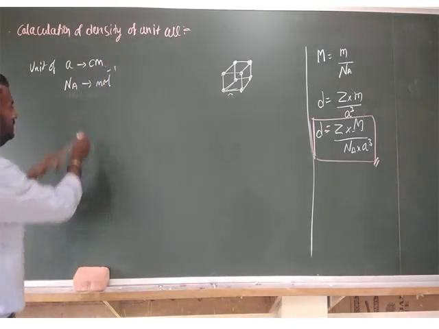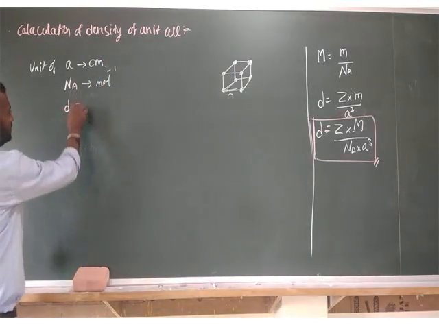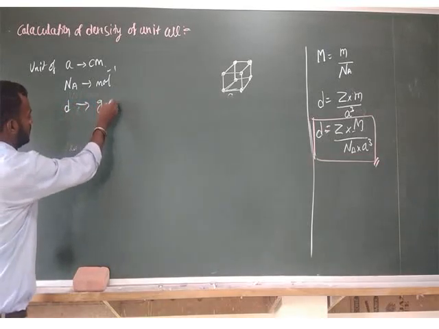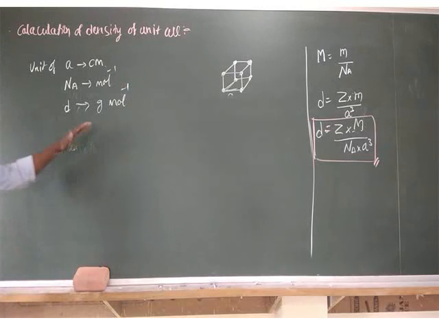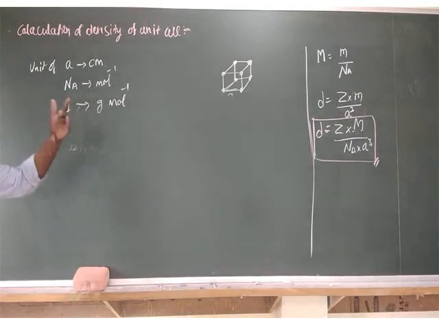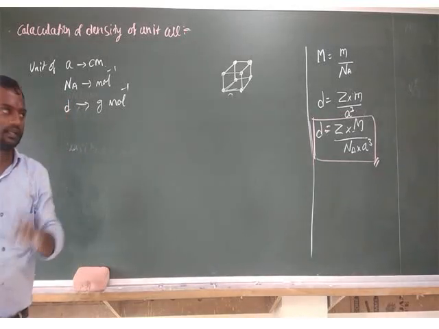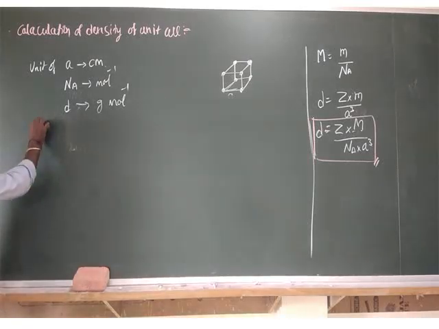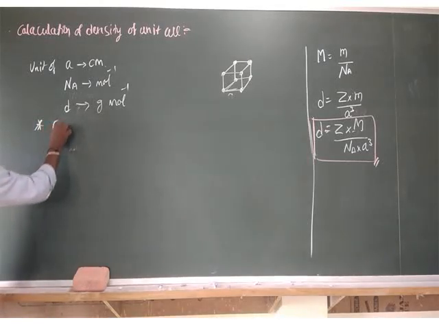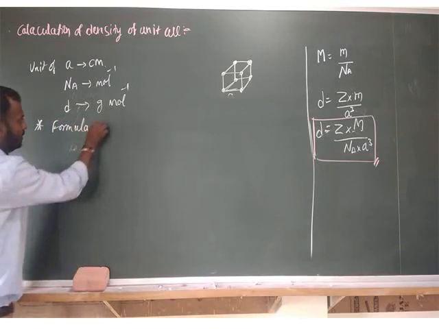D is measured in gram per cubic centimeter, M is the molar mass in gram per mole, and Z is the number of atoms present in a unit cell.